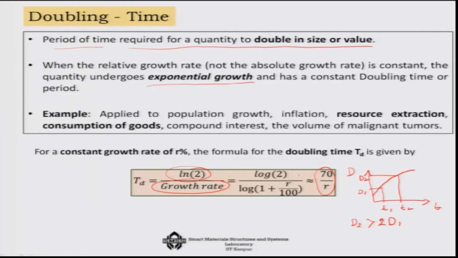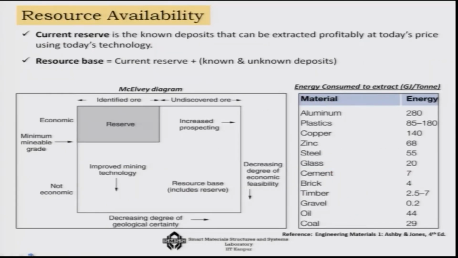So, if I know the growth rate, then I can find the doubling time, and if I know the doubling time, then I know that a particular material is of very high demand, which means as I am designing, I have to get ready for a situation where its cost may increase because its doubling time is small. So, a material whose doubling time is more is essentially either a cheaper material, or that material is completely rare. Either of the two cases, but the doubling time helps you to take a decision on that.